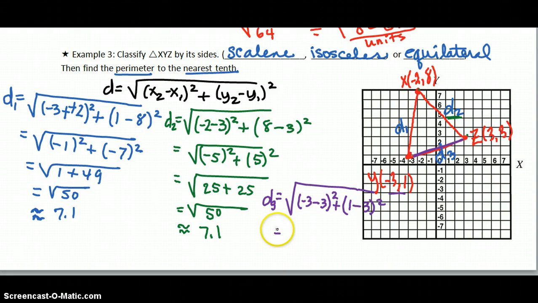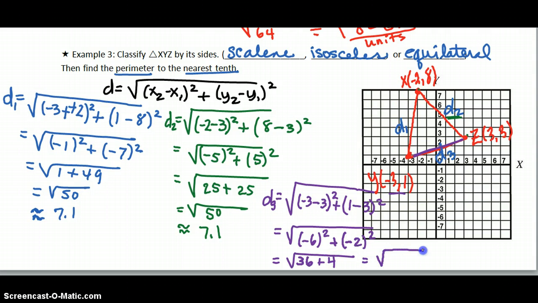Alright, so we're going to end up taking the square root of -6 squared plus -2 squared. When you square a negative, it becomes positive, so that's going to be the square root of 36 plus 4. For the sake of space, I'll just keep going horizontally, so that's the square root of 40, which is approximately 6.3.